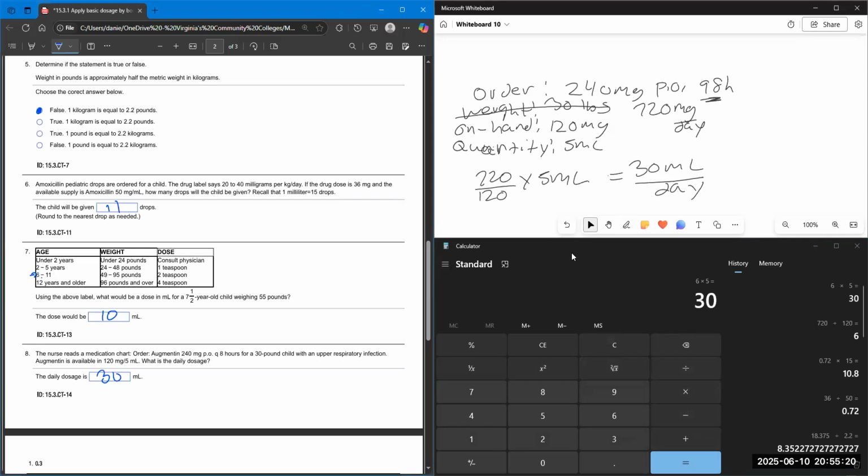You weren't asked this, but what would it be per dose? It would be 10 milliliters per dose. Each dose is every 8 hours.